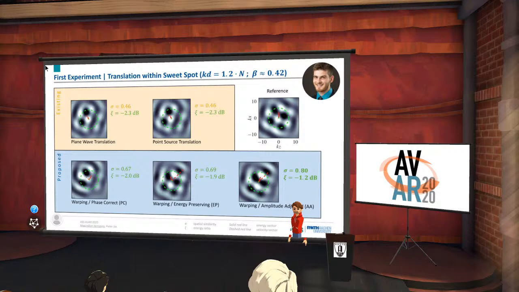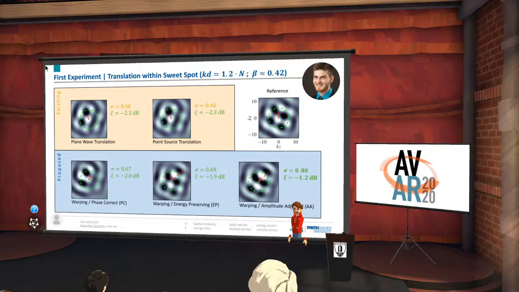But the spatial fidelity metric sigma is a bit better, and with a similar energy ratio psi. A similar performance is achieved with the energy preserving warping variant. But now, if we have a look at the amplitude adjusted variant, you see that there's even an improvement with this in sigma and in psi.